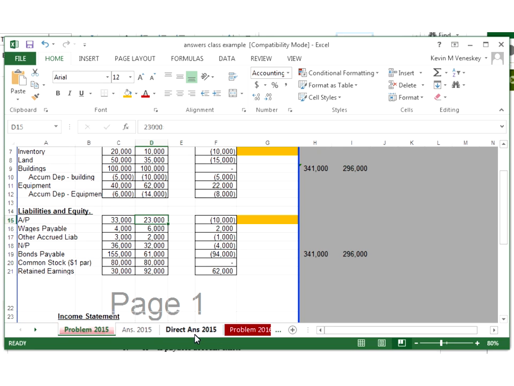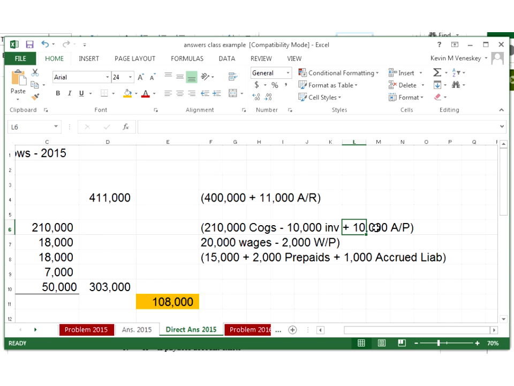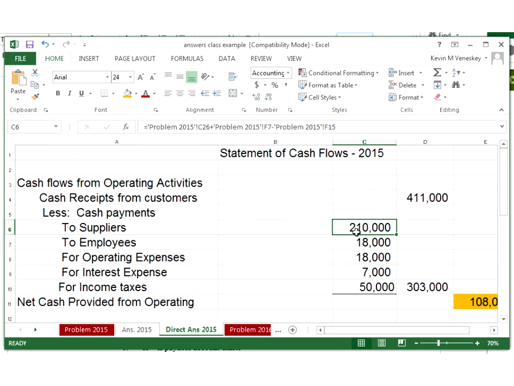So if I spent cash, that's money going out to the suppliers. That's why I added the 10,000 here as an account payable payment. So what I ended up doing is 210,000 minus 10 plus 10. It evened itself out to 210,000 again.